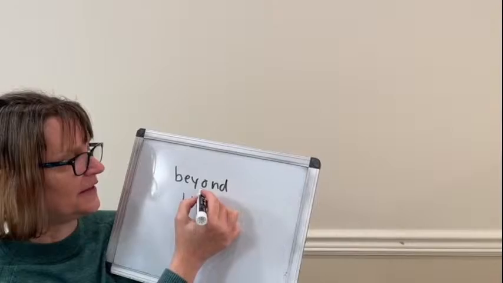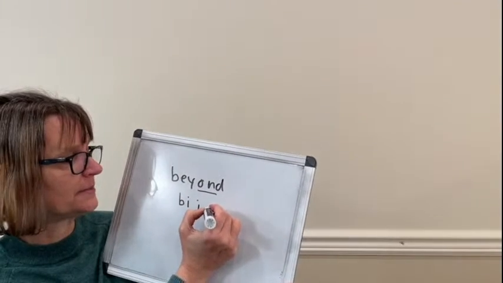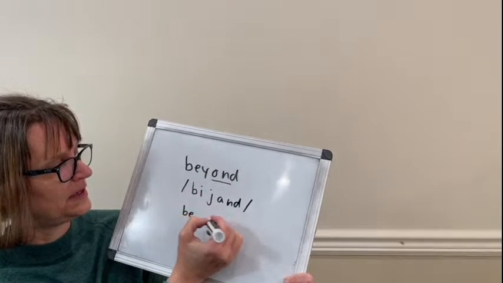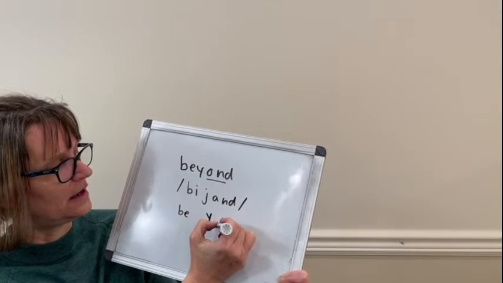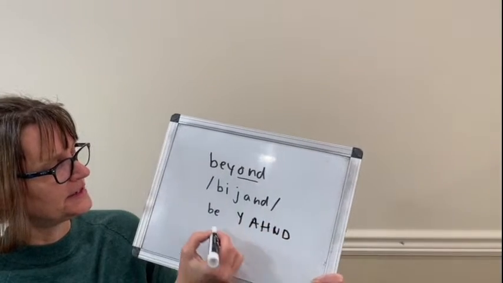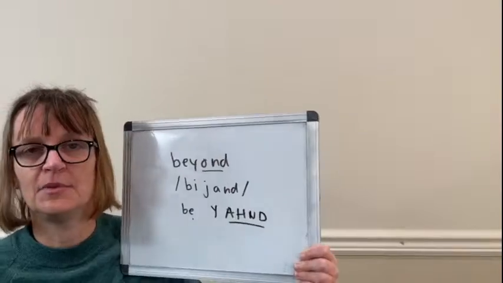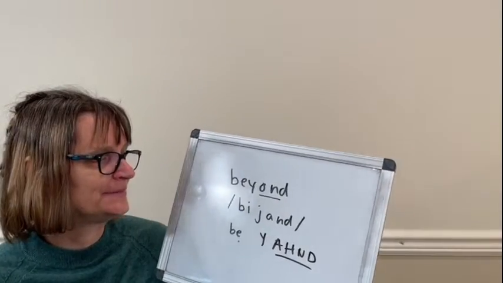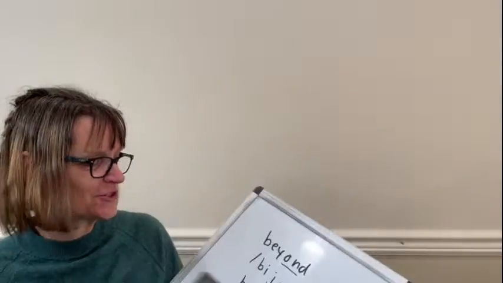The stress is still on the second syllable, "yond". So that looks like "beyond", with our ND sound. Beyond the horizon, beyond expectations. Yeah, great word. Thank you so much.